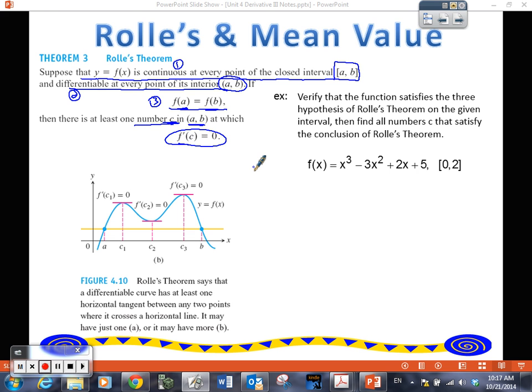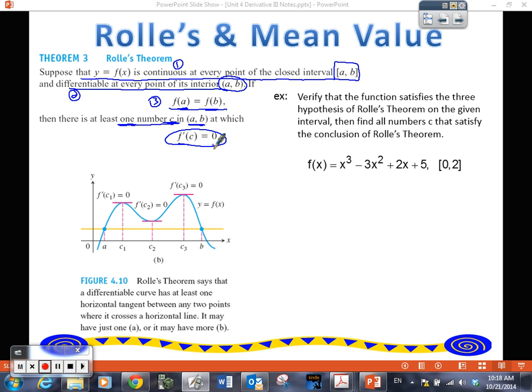Now, why do we care if the first derivative is equal to 0? Didn't we just talk about what's important? Those are critical numbers. That's where you can find maxes and mins. So that's Rolle's theorem. There are three criteria to use it, and if those criteria are true, then we are guaranteed at least one number where the first derivative is 0.